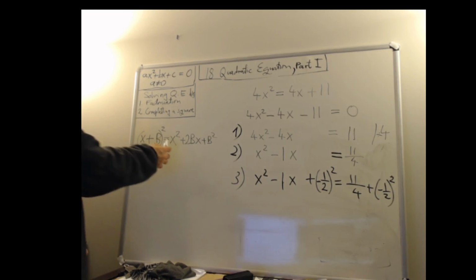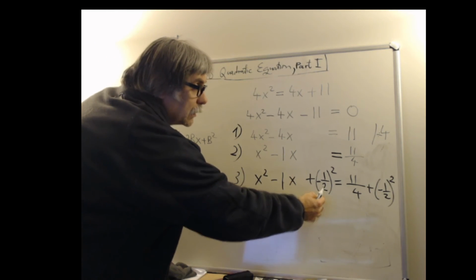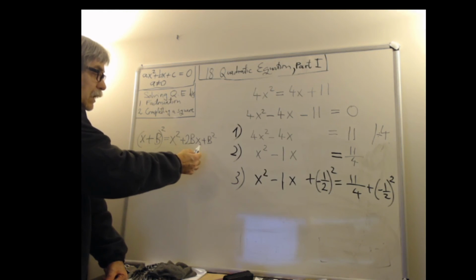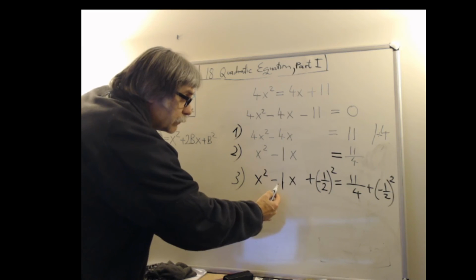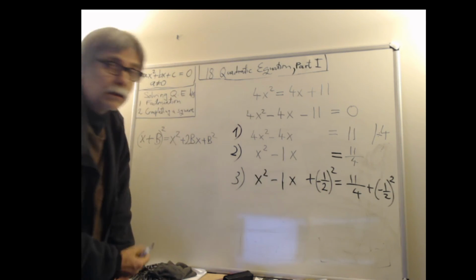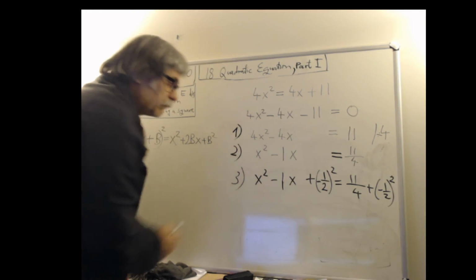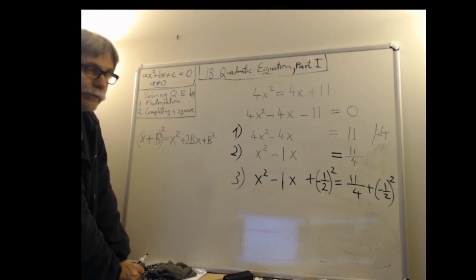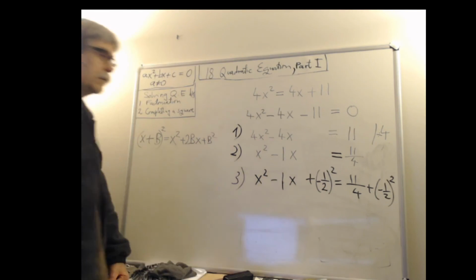So you have x squared, b squared, and 2 times b times x. This is 2 times b, so b is 1/2 of this, or this one is 2 times this guy. You will find this guy by making a half of this guy. So 2 times b times x, 2 times this guy times x, is right here.